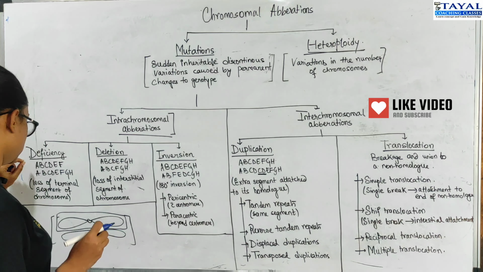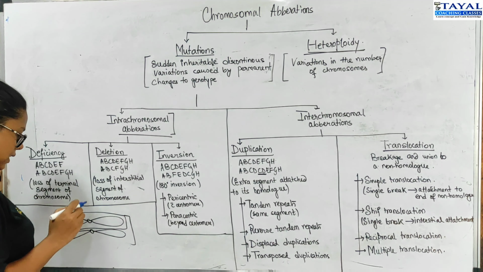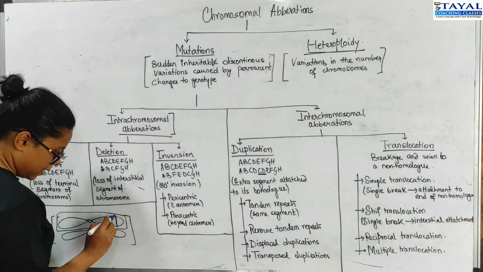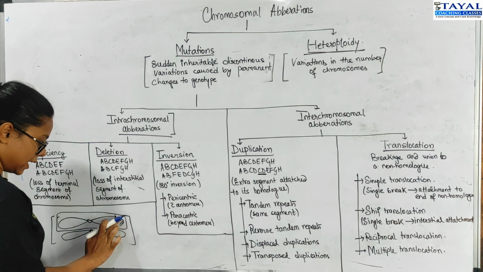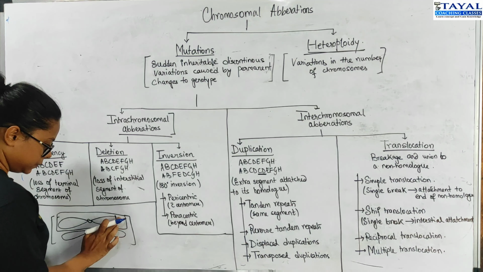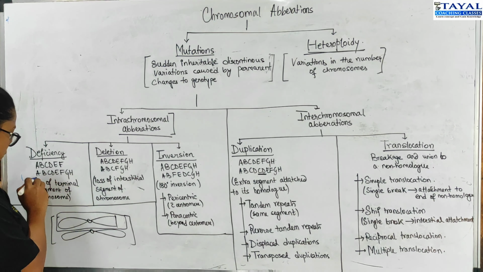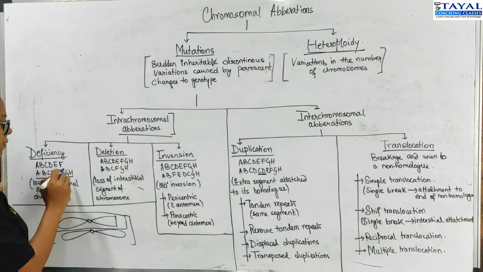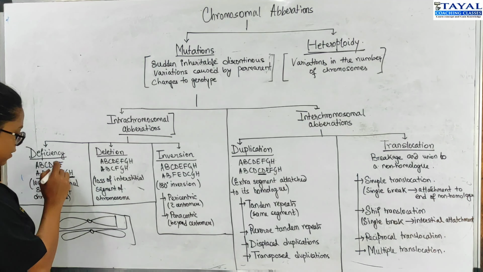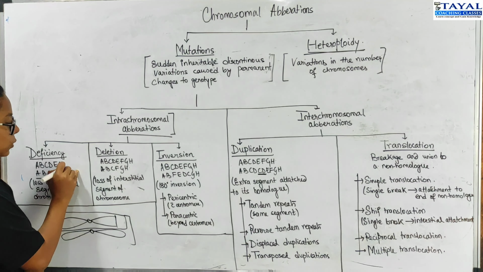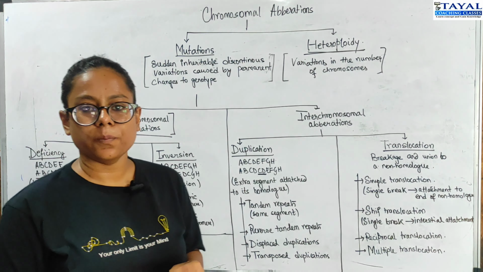So the first one, deficiency. In deficiency, usually the terminal end of a chromosome is deleted. So if one chromosome has these genes, A, B, C, D, E, F, G, H, because of the deletion of the terminal end, the other homologue will lose the GH segment, correct?